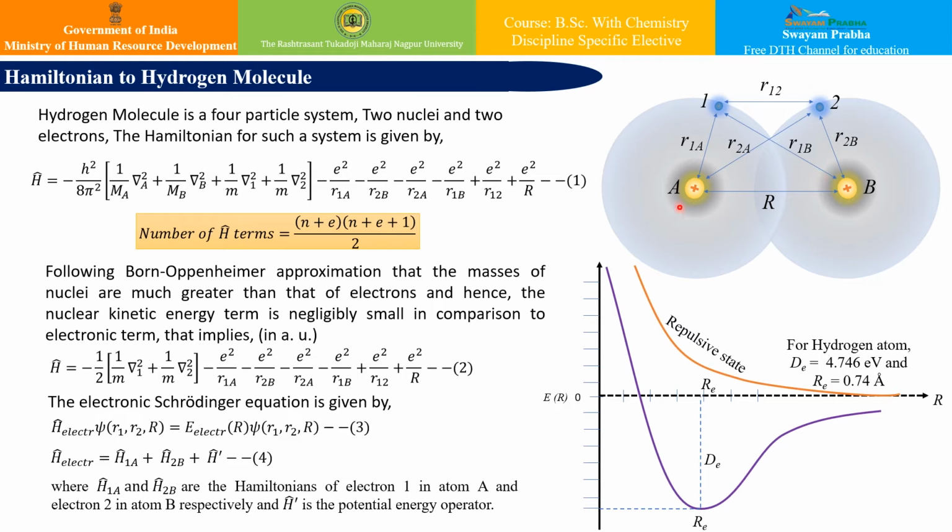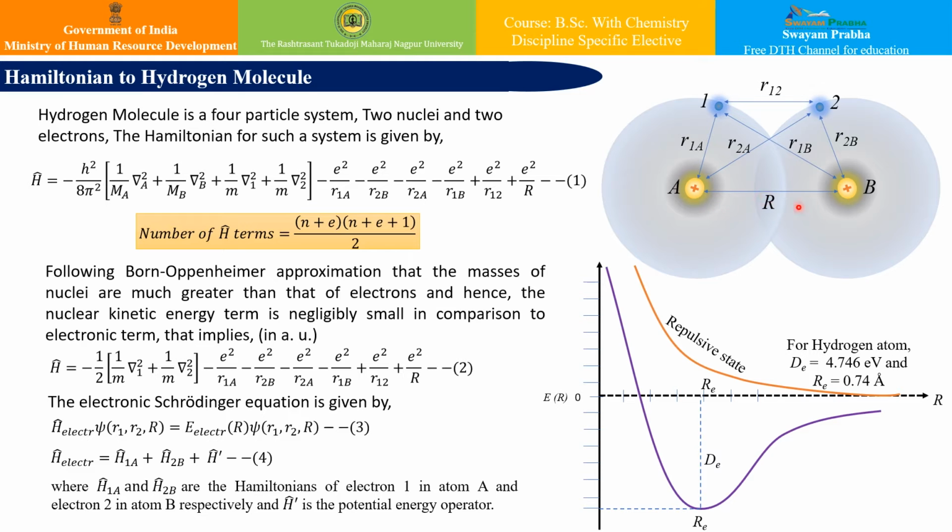Now, if you look at its geometry, R1A is the distance between hydrogen atom A and electron 1. R2B is the distance between hydrogen atom B and electron 2. R12 is the distance between the two electrons.